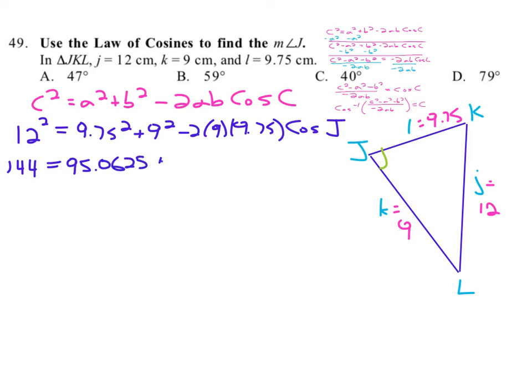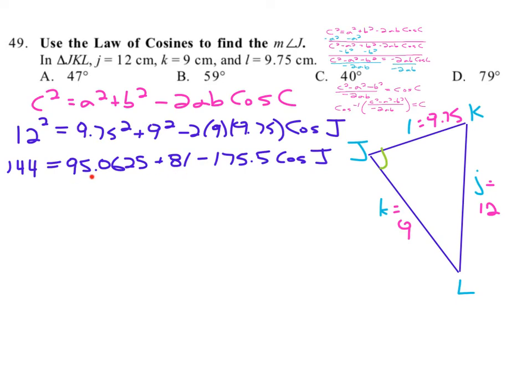Okay, plus 9 squared, 81, minus 2 times 9 times 9.75 equals 175.5. So minus 175.5 times cosine J. Okay?